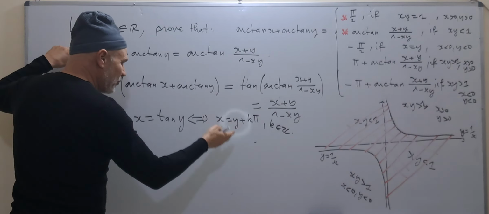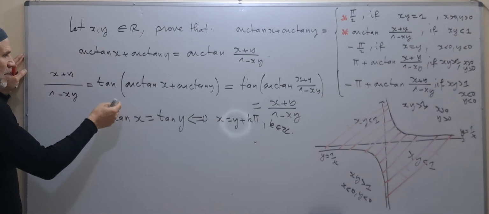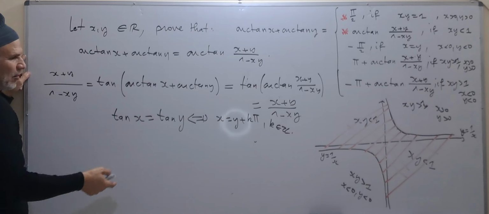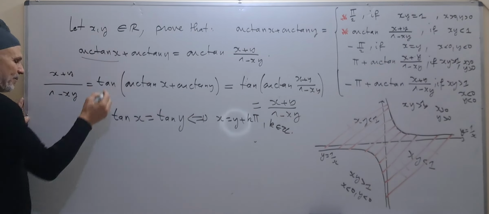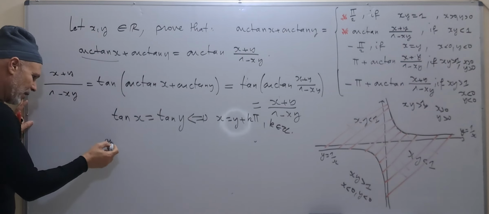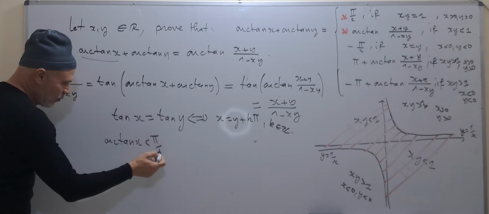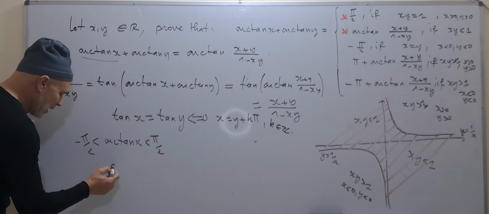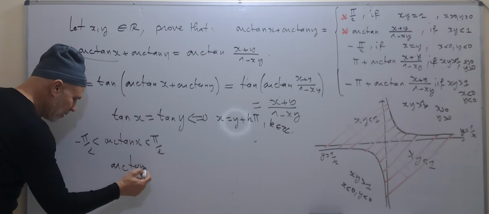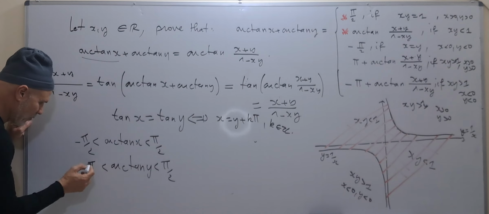To do this, we can just prove that this angle is between minus π over 2 and π over 2. Why? Because we know that arctangent x is less than π over 2 and greater than minus π over 2. Arctangent y is less than π over 2 and greater than minus π over 2.